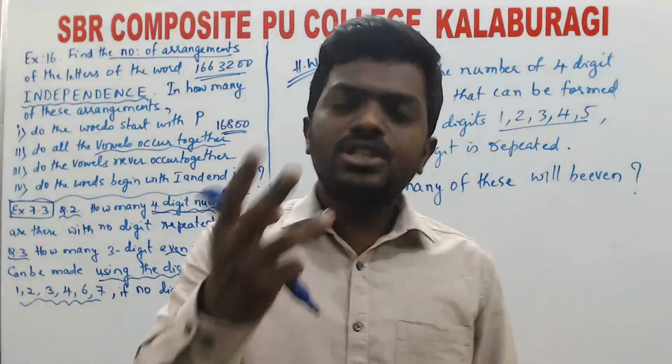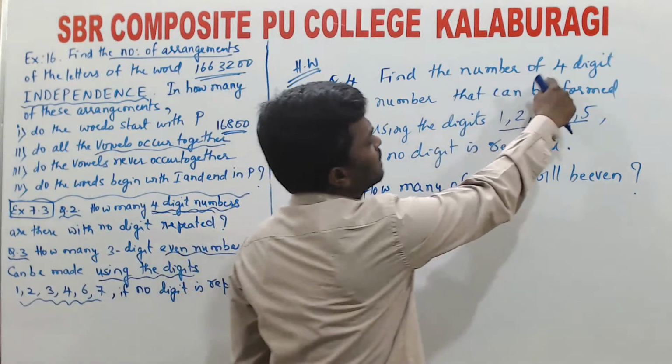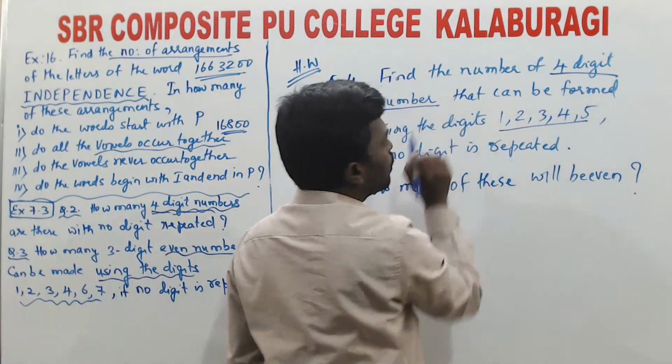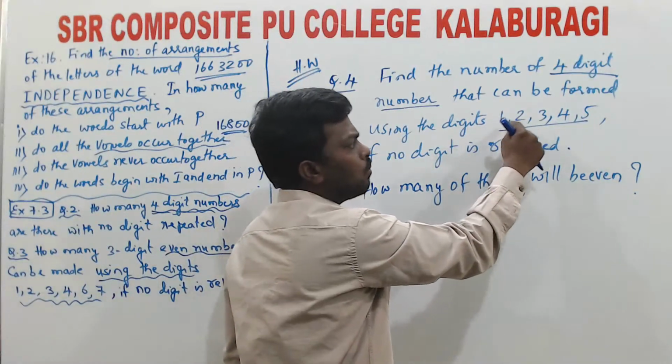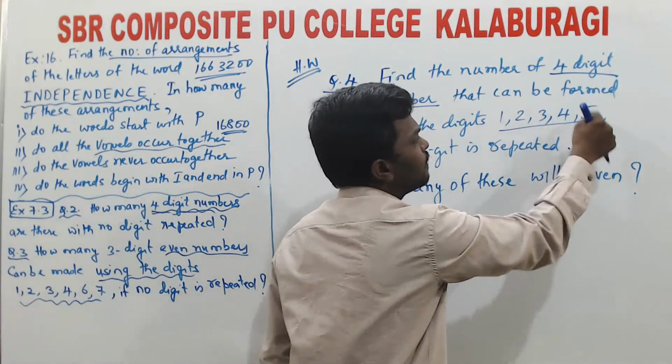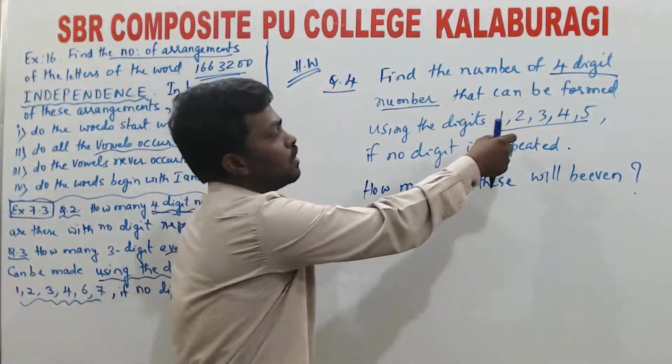Here the question itself comprises two questions. You have to make a 4-digit number using the digits 1, 2, 3, 4, 5. Is that clear? All are distinct.